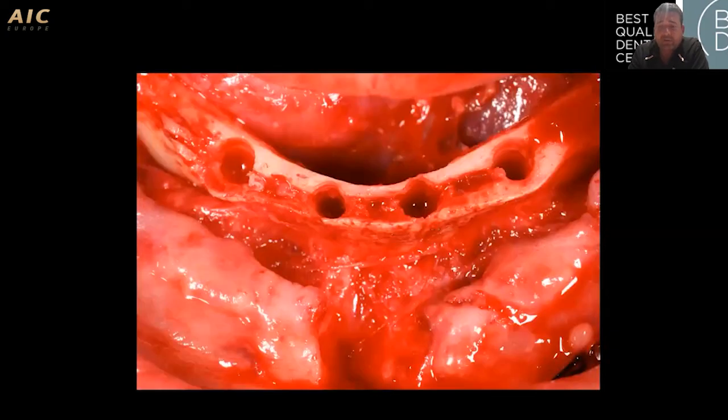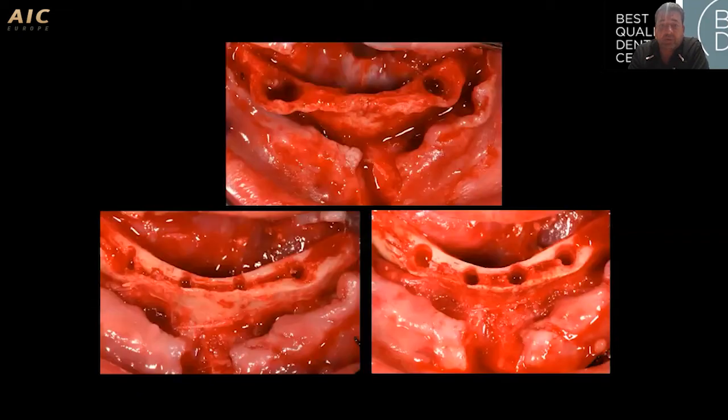So after the procedure, you can see basically what you could achieve with the set drill and the pushing apart of the bone. This is the comparison between the initial image, the beginning of the pushing of the bone with the set drill, and at the end what we really achieved with this procedure.